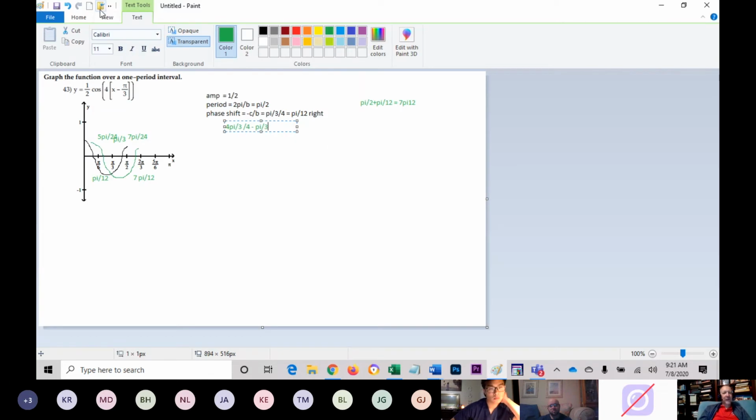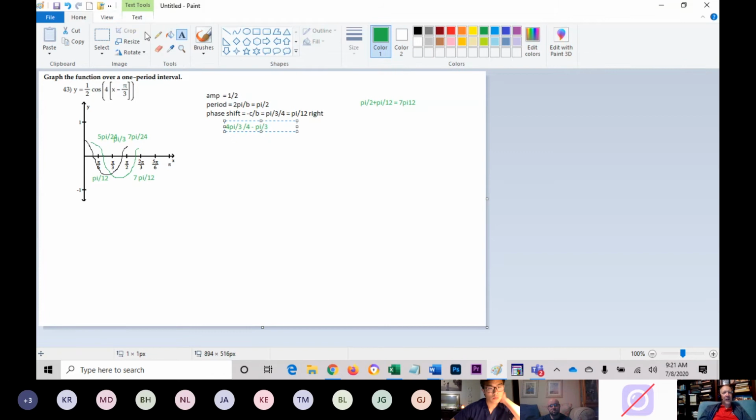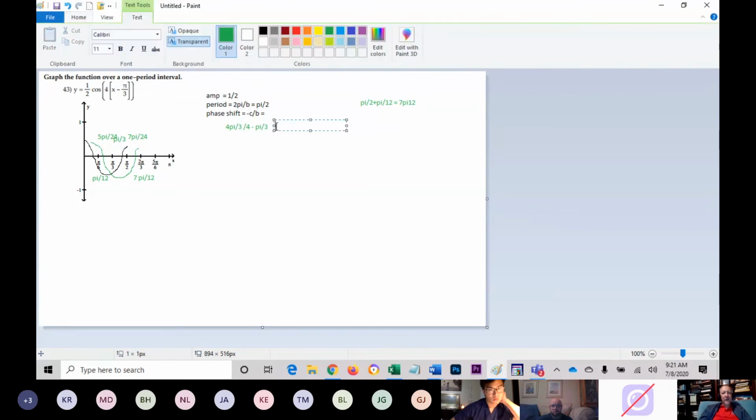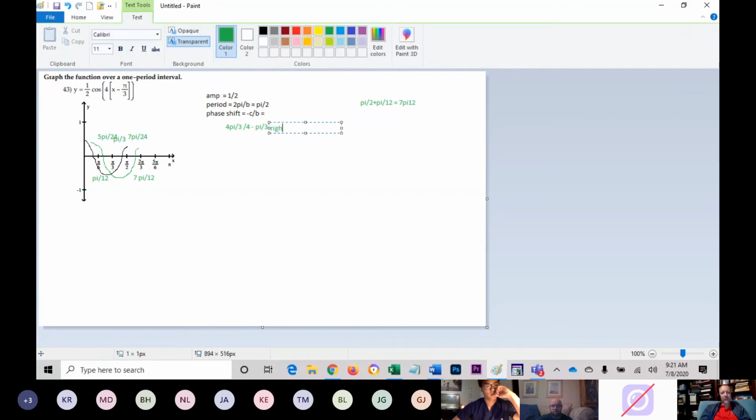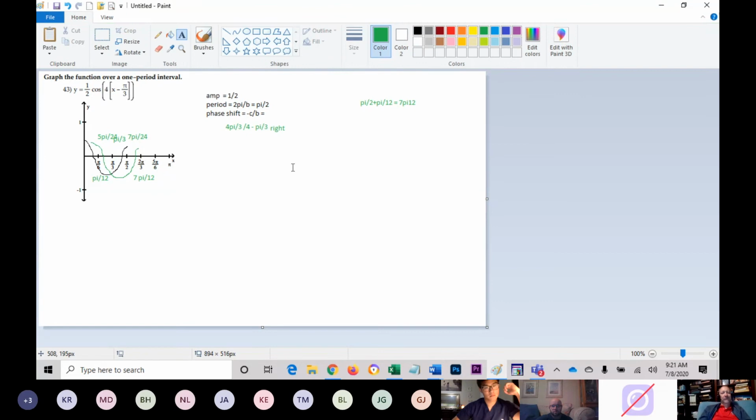Let's get rid of that. Okay, so that's correct, and that's wrong. Everything is right there, and it is to the right. So pi thirds, that was supposed to be an equals, but it's pi thirds to the right. I was thinking those 4s would cancel, but no, I did it wrong.